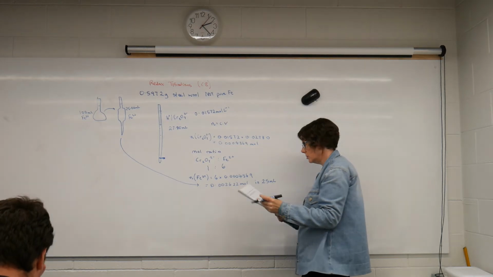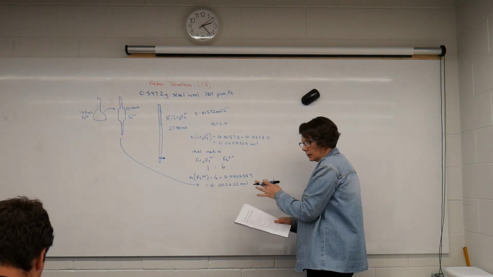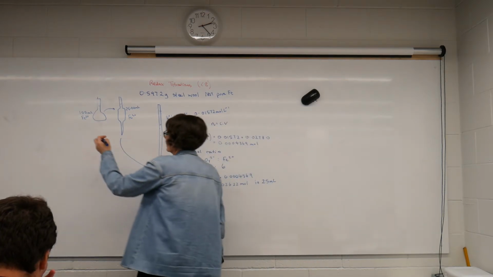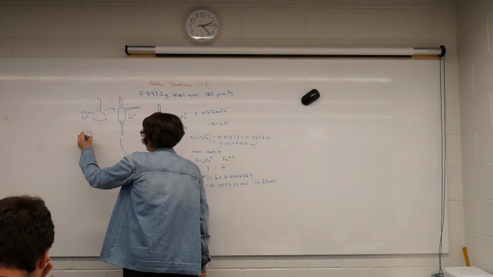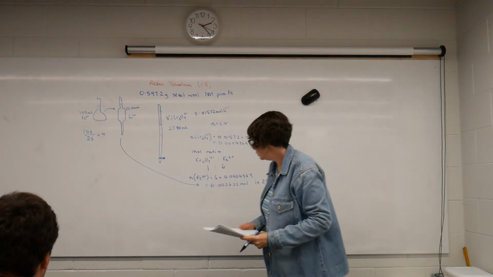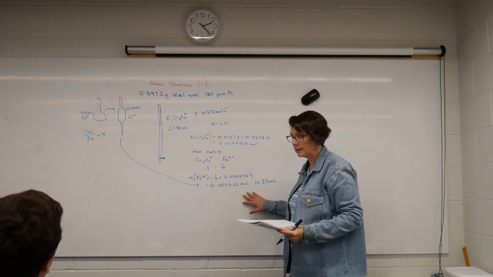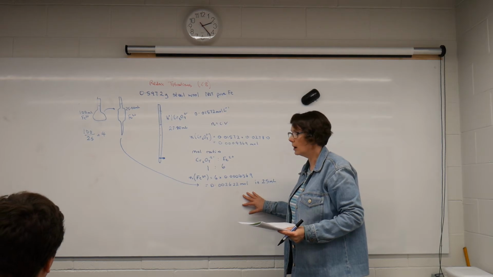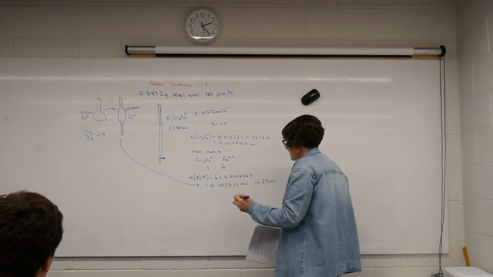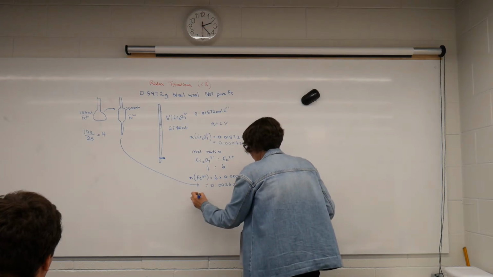And so you can see in the booklet that that's represented as multiplying 100 divided by 25, which is 4. So you could write it as multiplying by 100 over 25, or you could write it as multiplying by 4. It doesn't really matter.